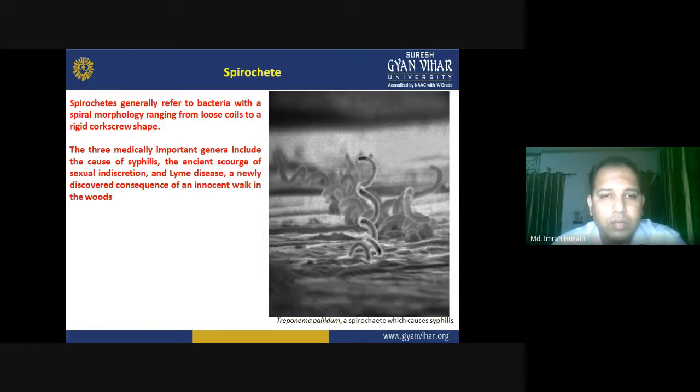The three medically important genera include the cause of syphilis, the ancient scourge of sexual indiscrimination, and Lyme disease, a newly discovered consequence of an innocent walk in the woods. It was known as the scourge of God on the people who are not doing the right things.